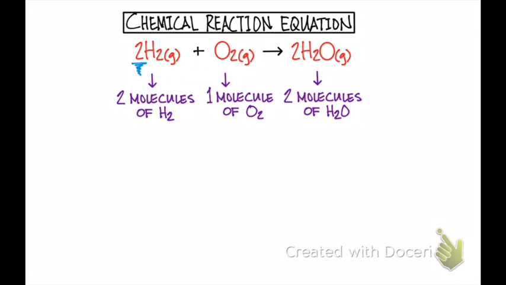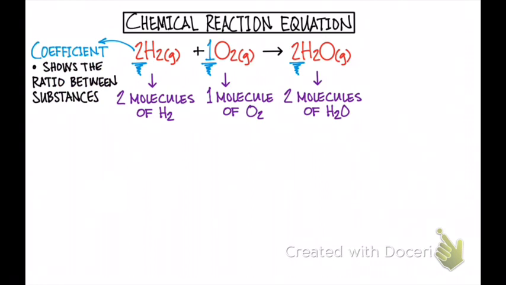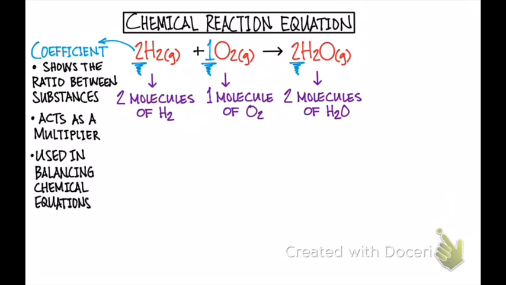These numbers in front of the chemical formulas are called coefficients. A coefficient shows the ratio between substances, acts as a multiplier, and is used in balancing chemical reaction equations.